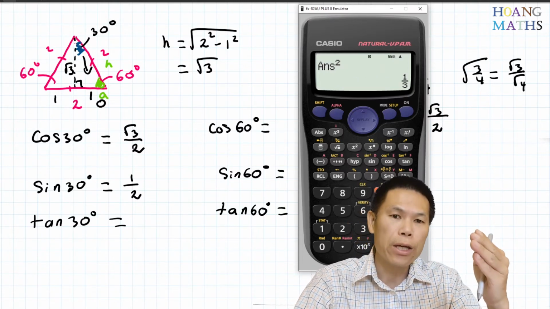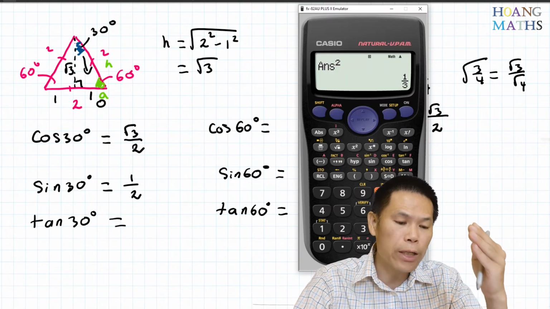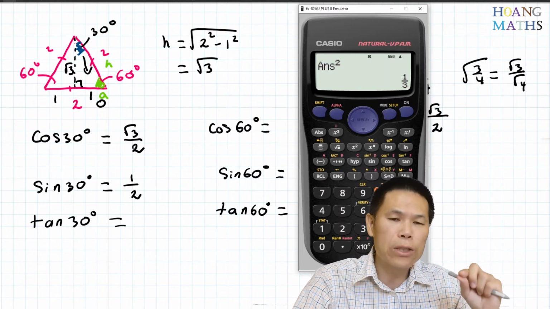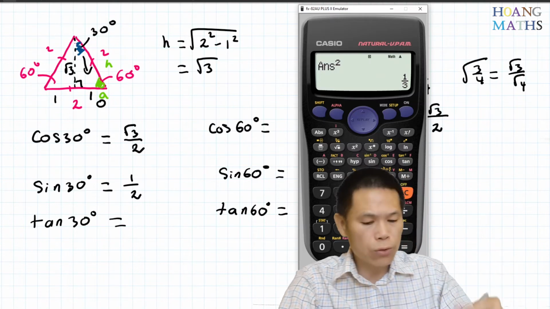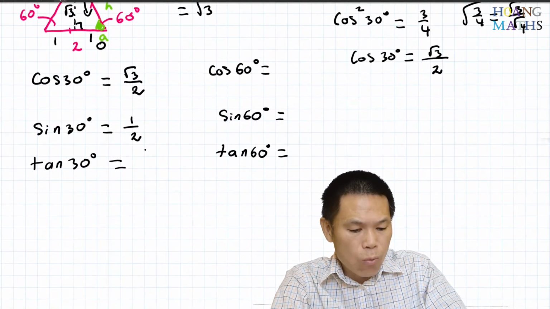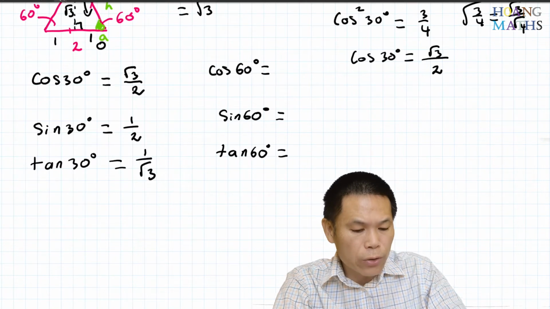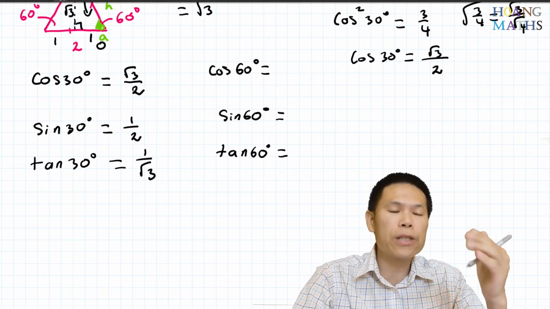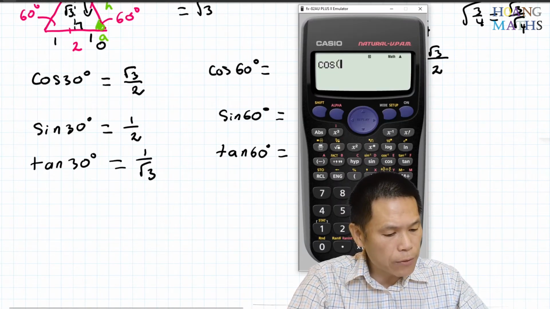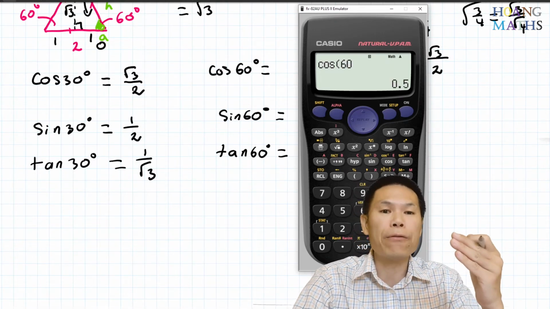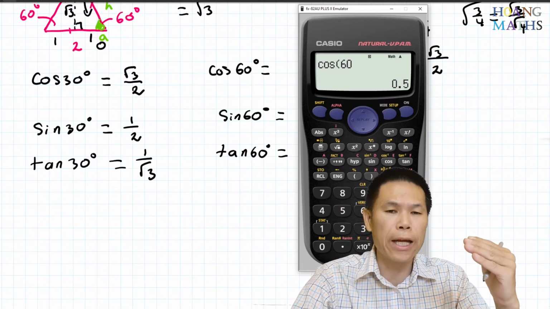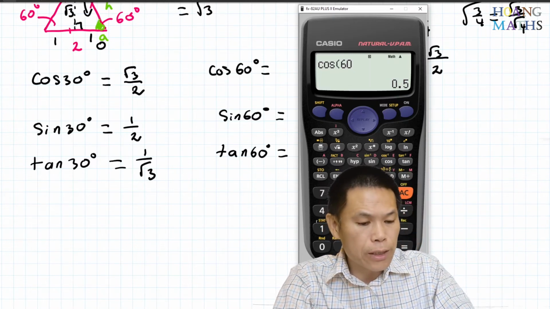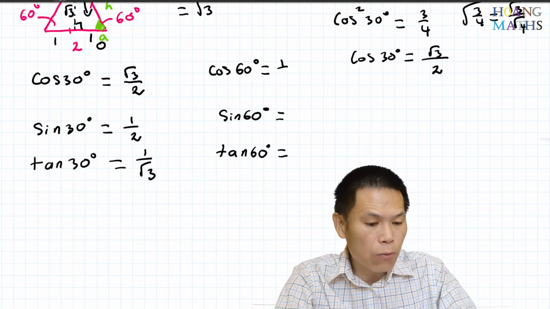So tan squared of 30 degrees is 1 over 3. So therefore, tan of theta equals square root of 1 over square root of 3. So square root of 1 is 1. And square root of 3 is root 3. So the answer is 1 over square root of 3. There you go. Now cos of 60. So cos of 60 equals a half. A half is actually an exact value already. So we don't have to do anything. Okay, so cos of 60 is equal to 1 over 2.